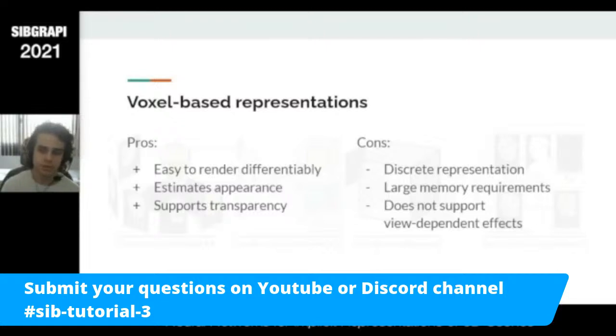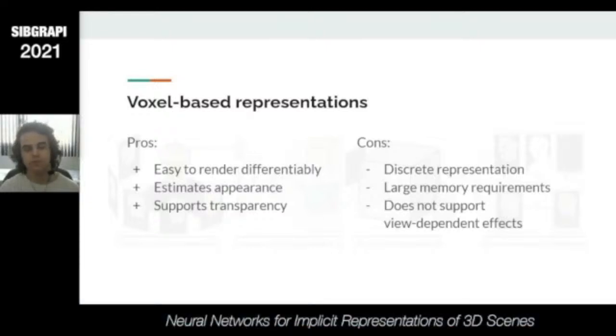But then you lose some of the advantages that you get with implicit surfaces. Now instead of a continuous representation, you have a discrete representation, because you're representing the scene in terms of voxels, which are discrete units. And I think the largest limitation of this method of representing scenes is that it has a very large memory requirement. You have this dense representation of a scene that is volumetric, so the memory requirements for storing a scene in memory or on disk grow on the order of n cubed.